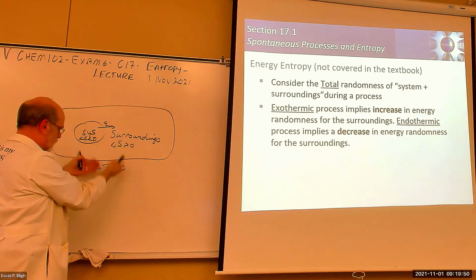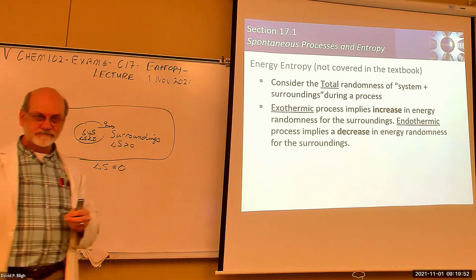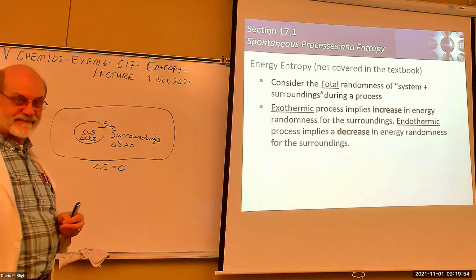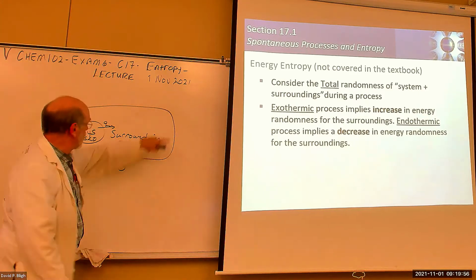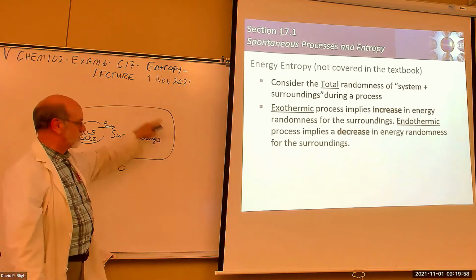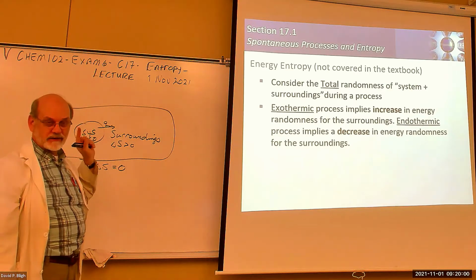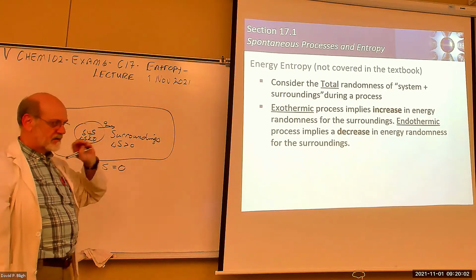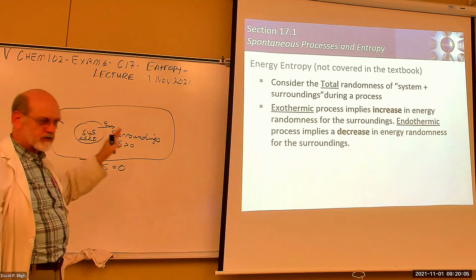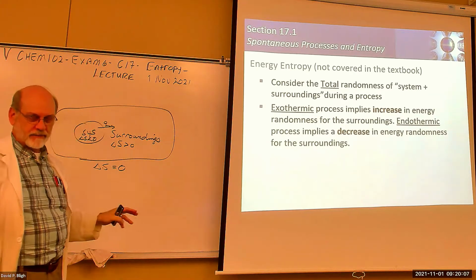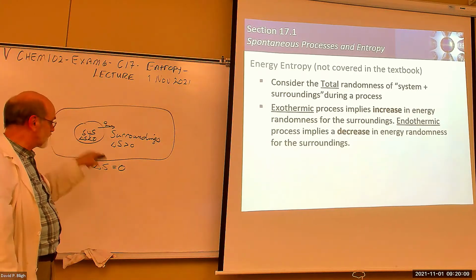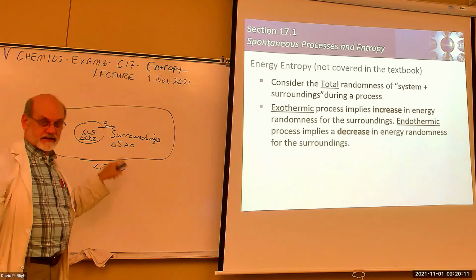But the total of the two is zero. Okay? Because this is an isolating barrier. Nothing gets in, nothing gets out. Matter doesn't come in or go out, and energy doesn't enter or leave. That's the only way that we can say this, if it's isolated.